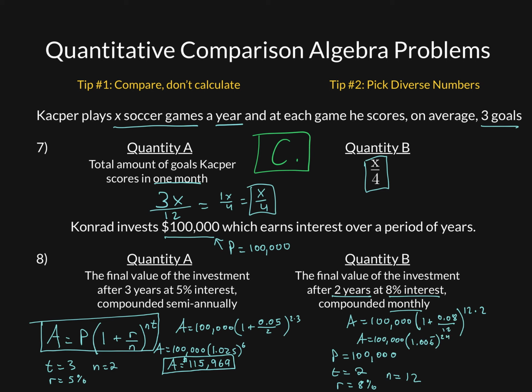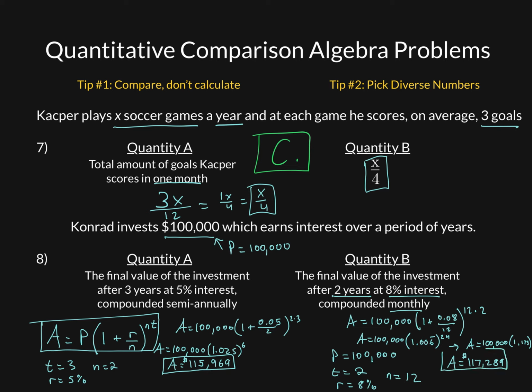So 1.006 repeating to the 24th power is going to be approximately 1.173, so A equals 100,000 times approximately 1.173. And then that number times 100,000, just move over, add those zeros. Our final investment value here is going to be about $117,289.